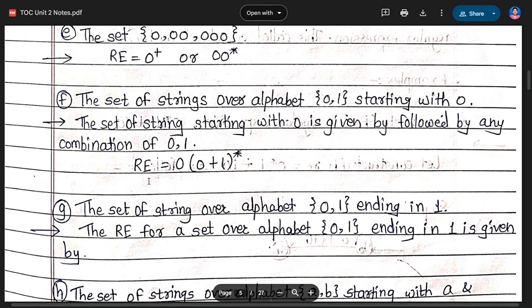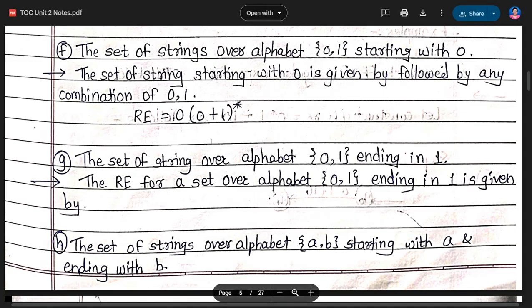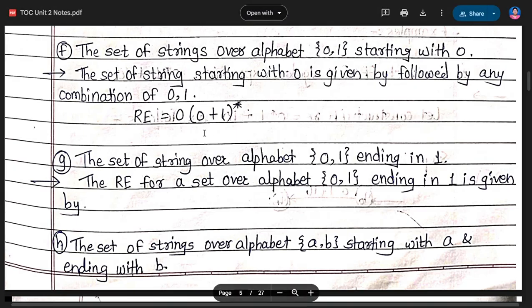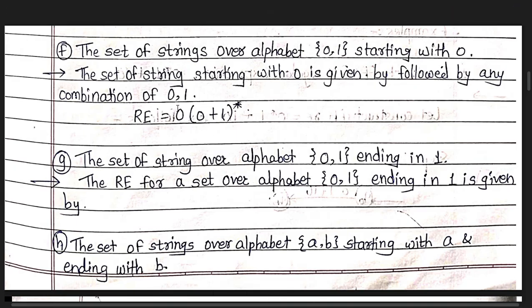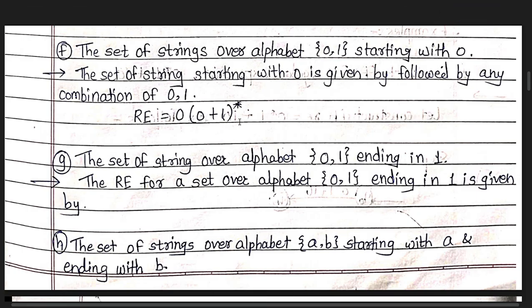So how will we write? 0 (0 plus 1) whole bracket star. What's the answer for this? It's 0, 00, 01, 001, 0101.